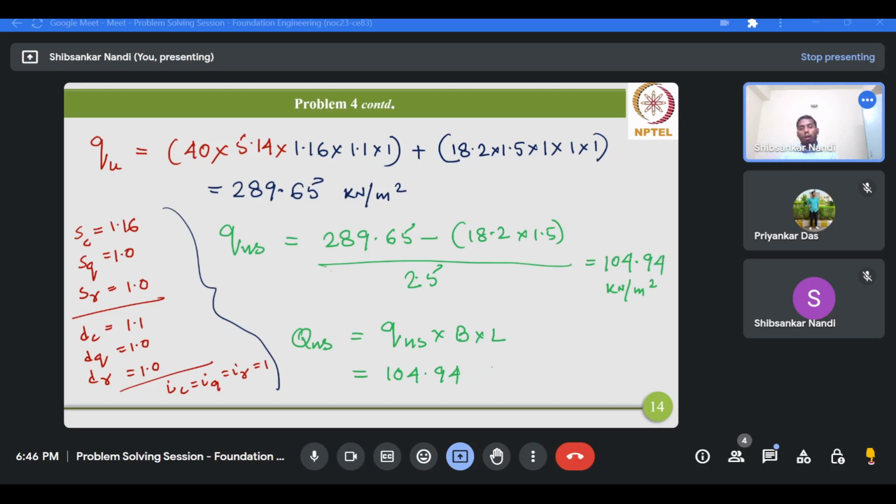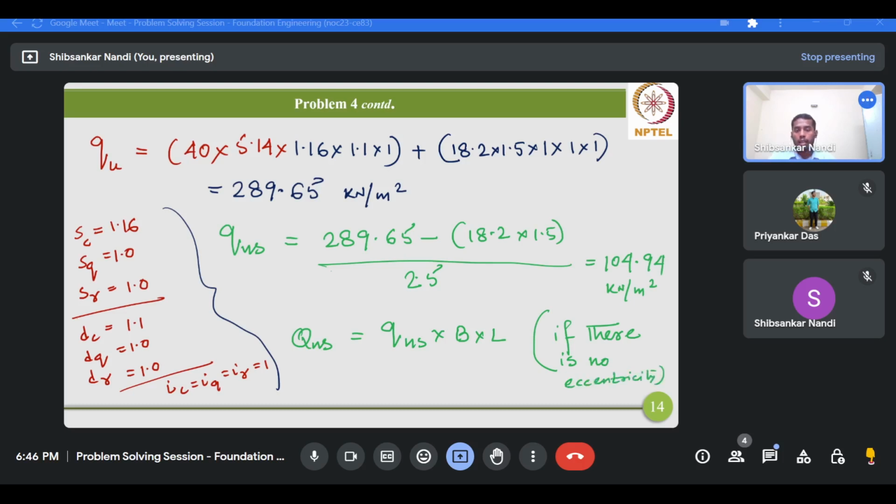Now you have to be very careful. This expression will be valid only when there is no eccentricity.